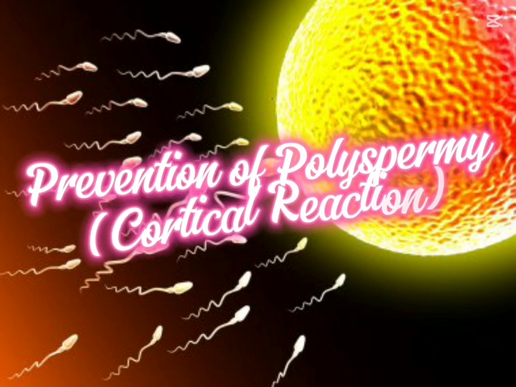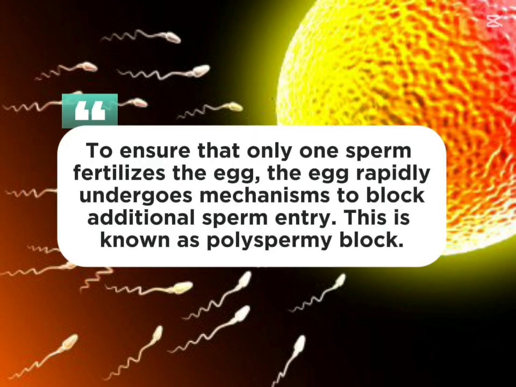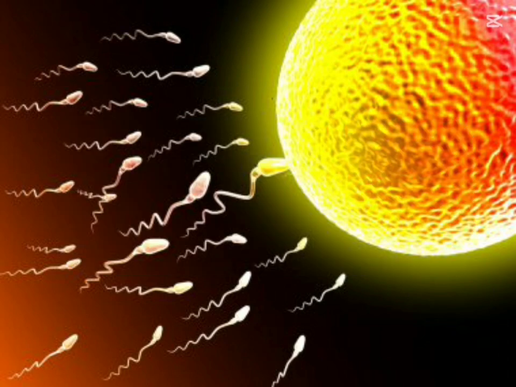Prevention of polyspermy, cortical reaction. To ensure that only one sperm fertilizes the egg, it rapidly undergoes mechanisms to block additional sperm entry. This is known as polyspermy block. Upon sperm entry, a wave of calcium ions is released within the egg, triggering the cortical reaction.